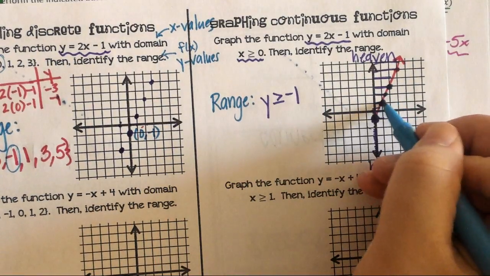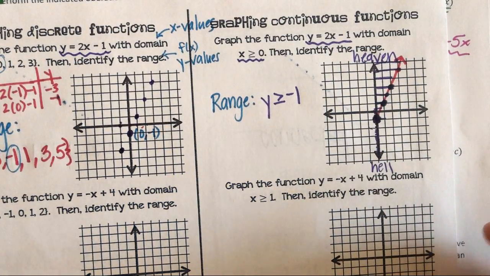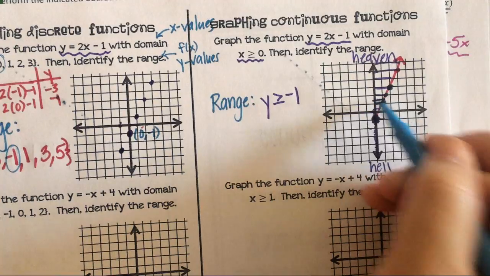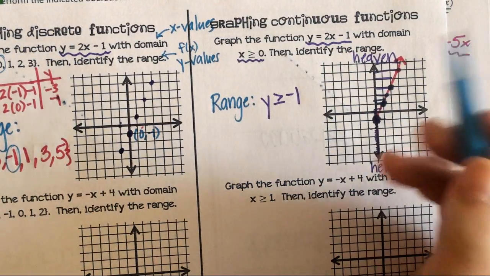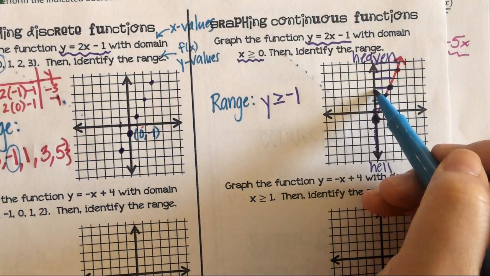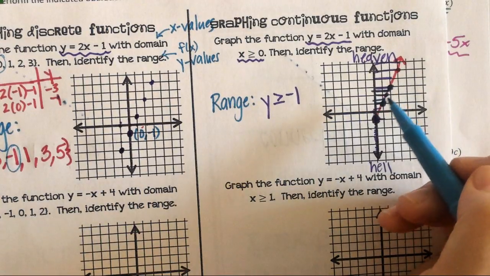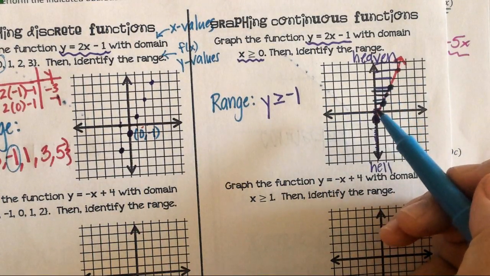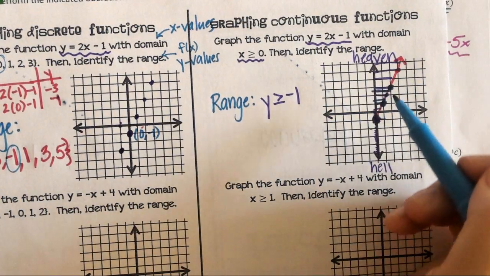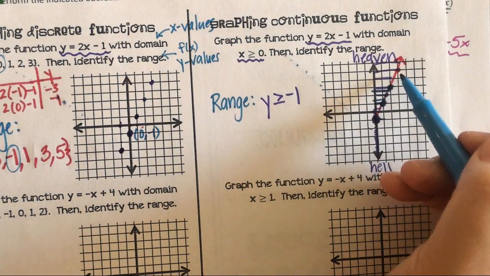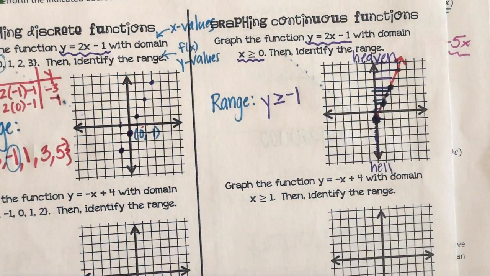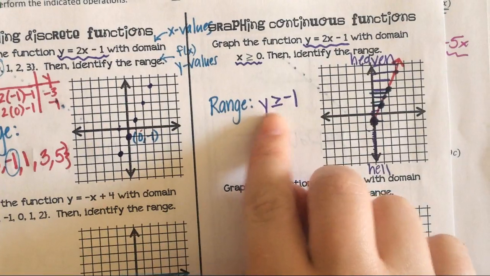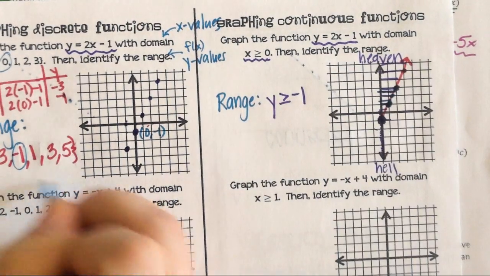So we can reach out and touch it at 1, yeah, but heck, we can touch it at 1.5. We can touch it at 2, but heck, we can touch it at 3 3/4. We can touch it anywhere from -1 on to infinity. I could say, hey, try to touch it at 5.25, and you could try. So that's why our range is actually an interval rather than a whole list.